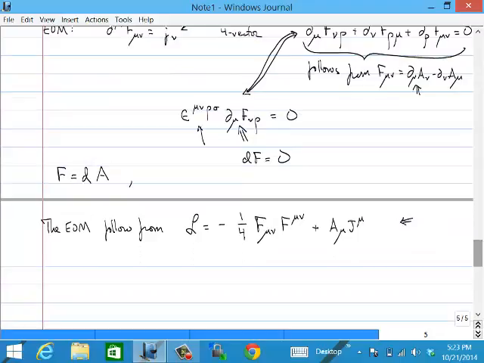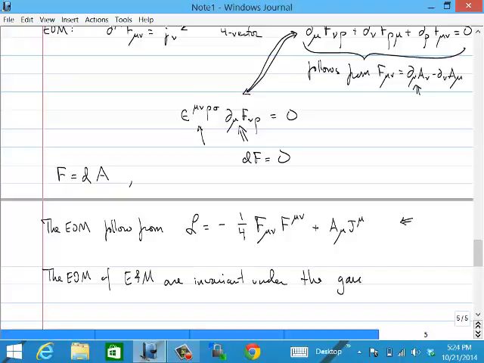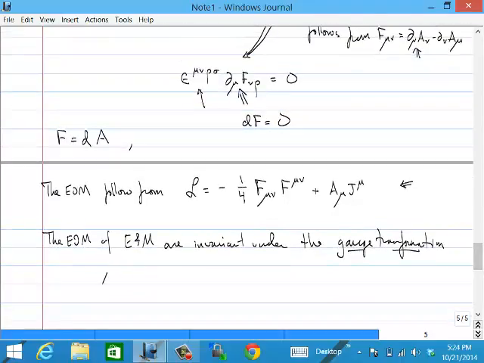So the important point, and really the crucial point in our study of electromagnetism, is the observation that the equations of motion of electromagnetism are invariant under what is known as a gauge transformation, where one takes A_mu and adds to it a total derivative.